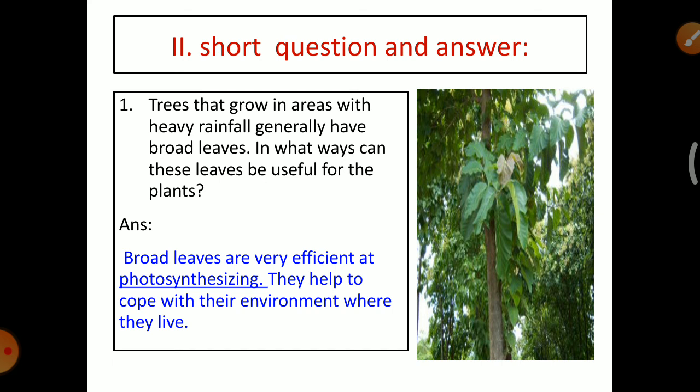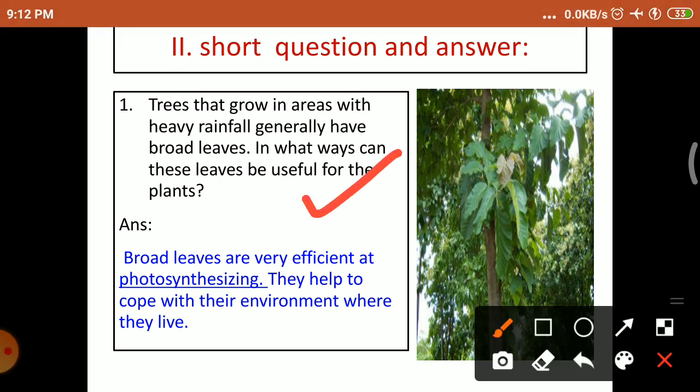The first question, listen to the question. The question should be written in black stick. The answer should be written in blue stick. Trees that grow in areas with heavy rainfall generally have broad leaves.